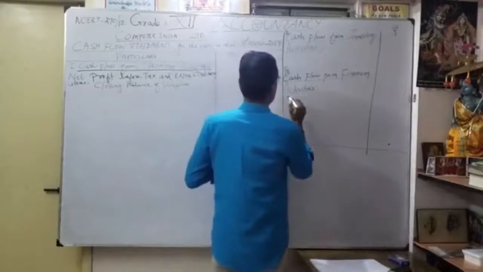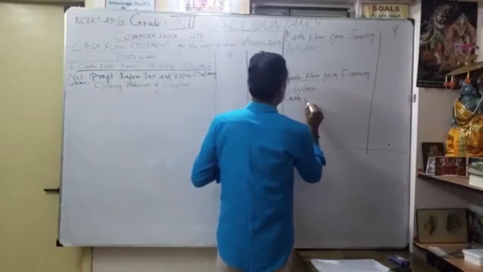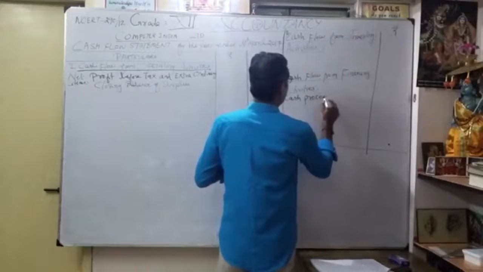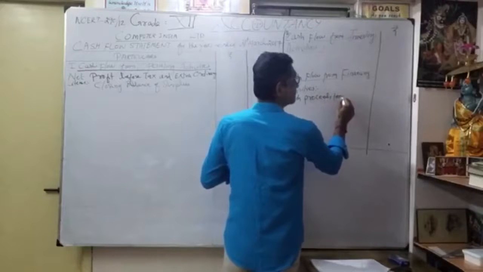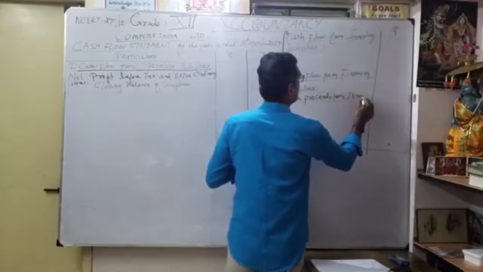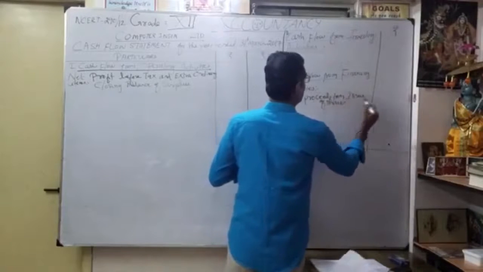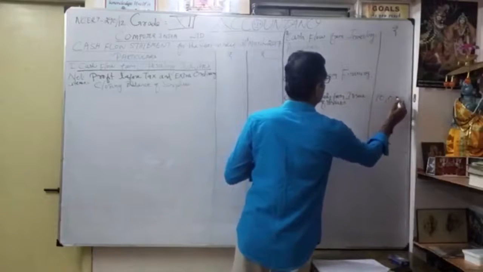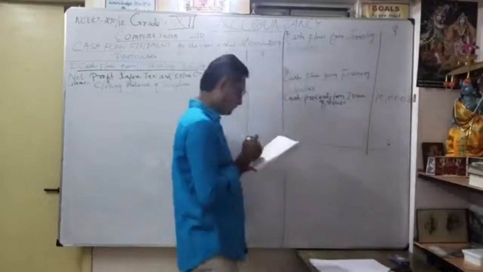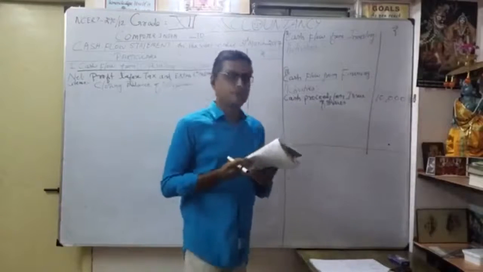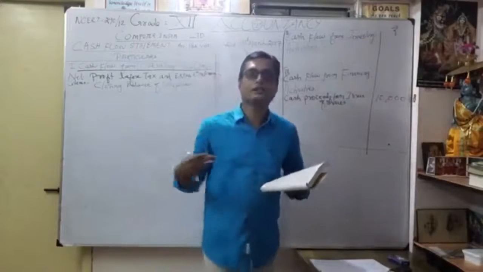How to write? Cash proceeds from issue of shares, 10,000. So you have finished the first one, share capital.